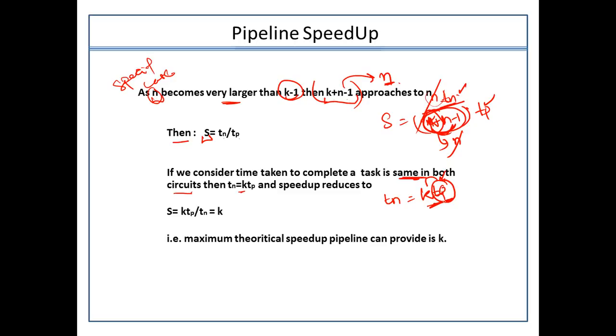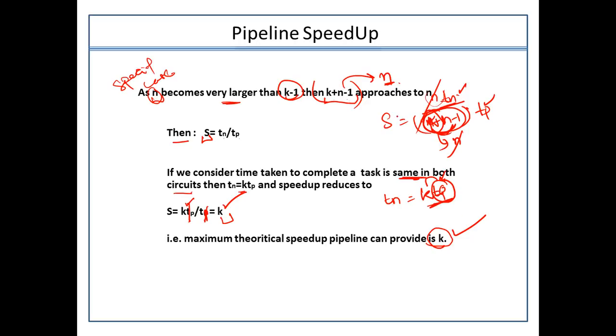So substituting the value of Tn, which is now k into Tp, divided by Tp, it should be Tp here so that it cancels, and then we get k. This means the maximum theoretical speed up a pipeline can provide is k. This is the maximum speed up value which the pipeline can provide to us.